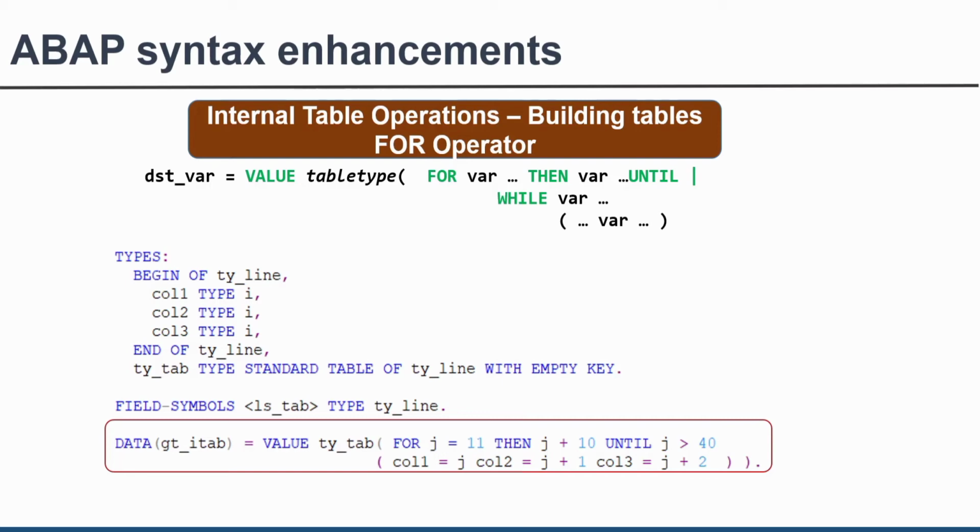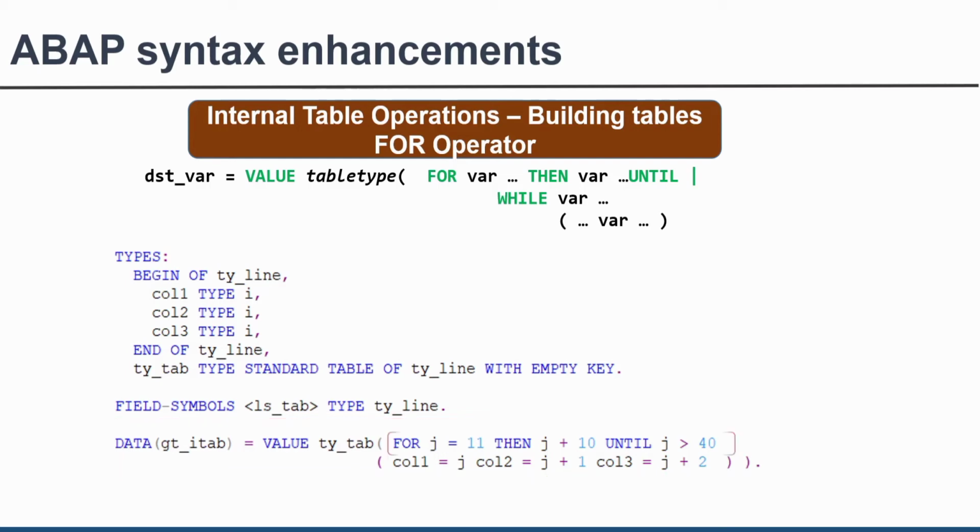The variable GTI_tab is declared on the go. The initialization, iteration, and the limit condition are taken care of within the FOR statement, as well as the assignment of values to the final structure. The VALUE keyword will pass the final records to the internal table.